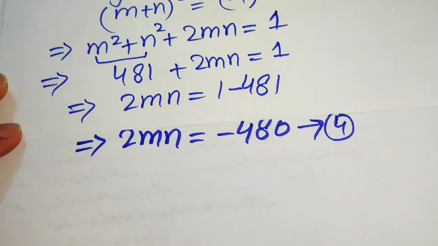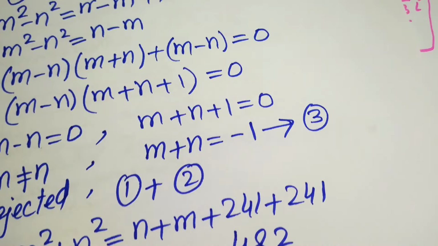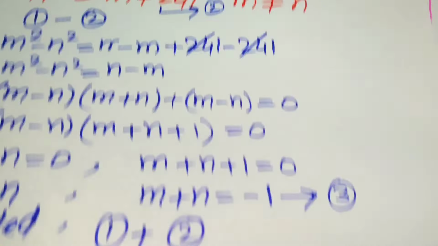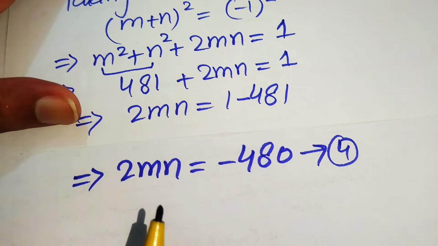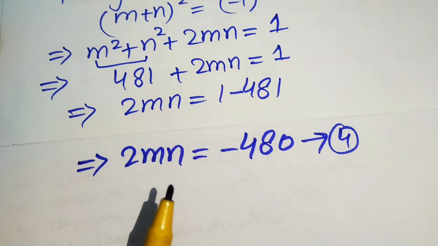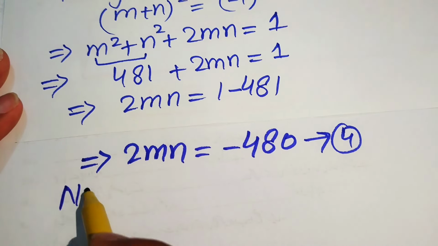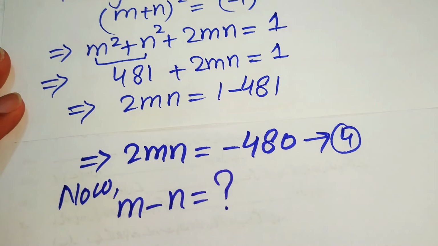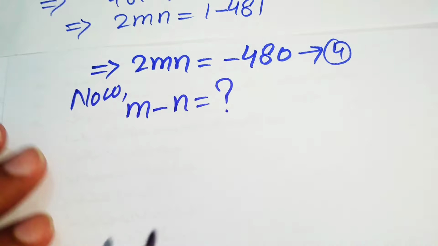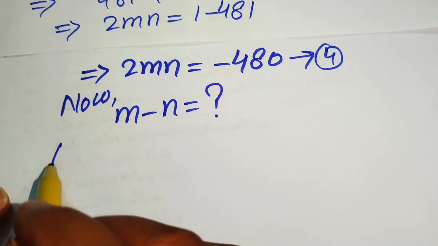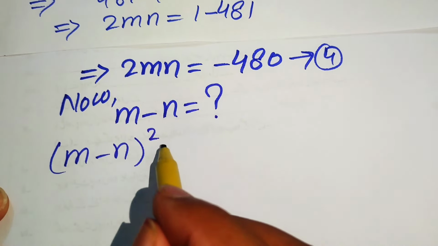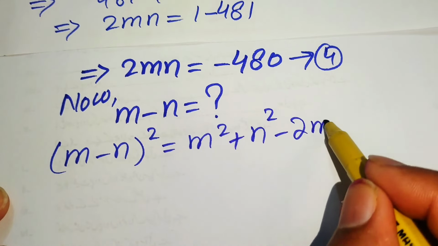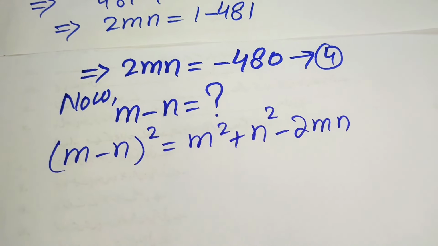Now we move towards our main target, which is to find the value of m minus n. In order to find it, we need to take the square of m minus n. So m minus n whole square equals m square plus n square minus 2 times m multiplied by n.